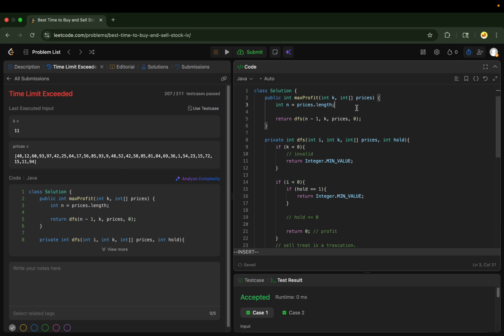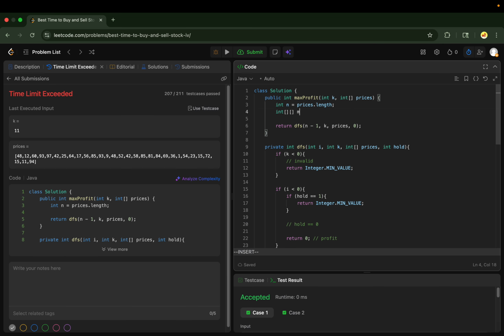So we can use memoization, same. But this time the memory is kind of like we have to store this one, this one, this one. So 3 things we need to do. Like k, we have to +1 here, because k cannot be 0.